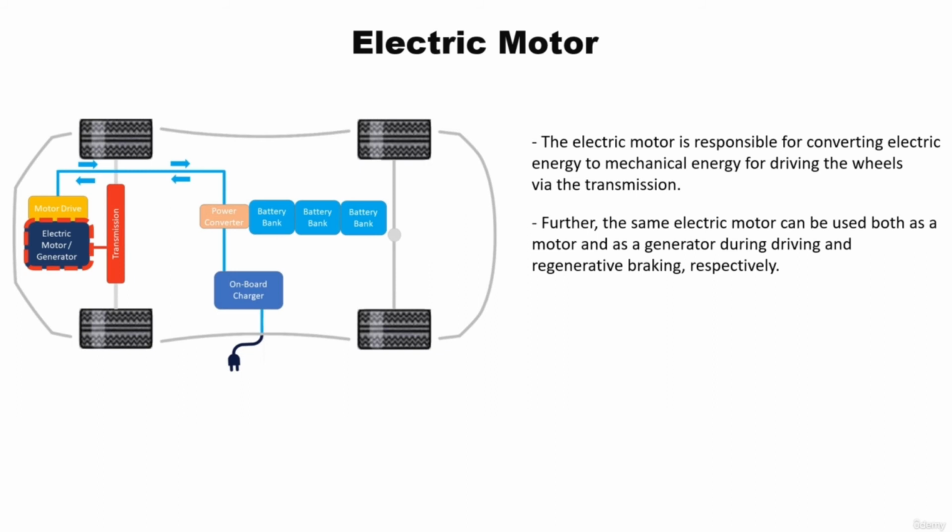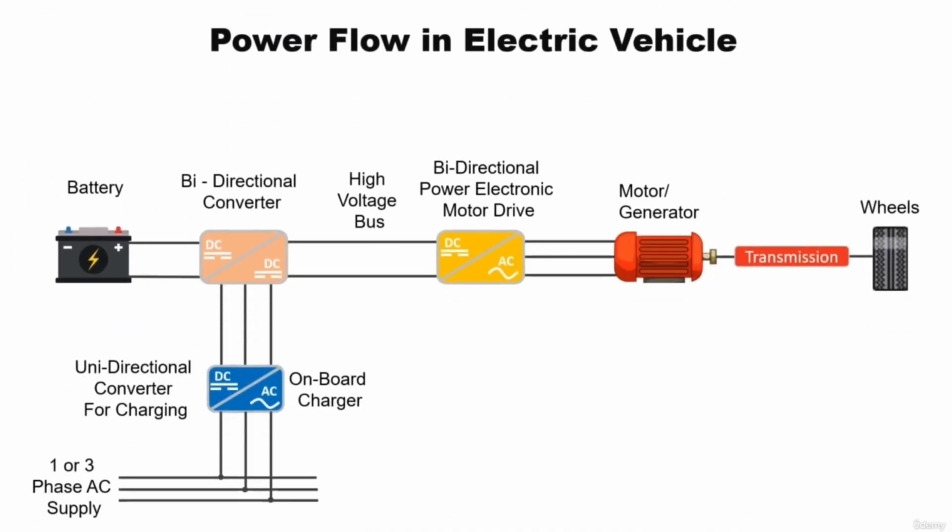Now that we know the different parts of an EV, let's look at how the EV works based on the electrical power flow. This figure shows the typical electrical layout of components in the electric car as seen earlier. Let us analyze step by step. The power is delivered from the AC grid to charge the battery via the onboard AC-DC rectifier and the DC-DC battery converter.